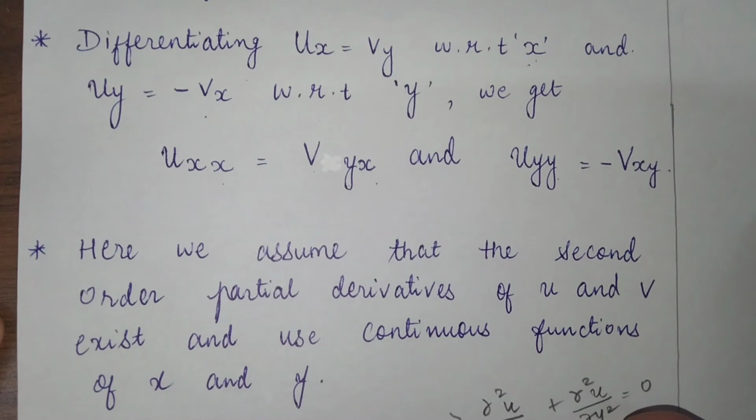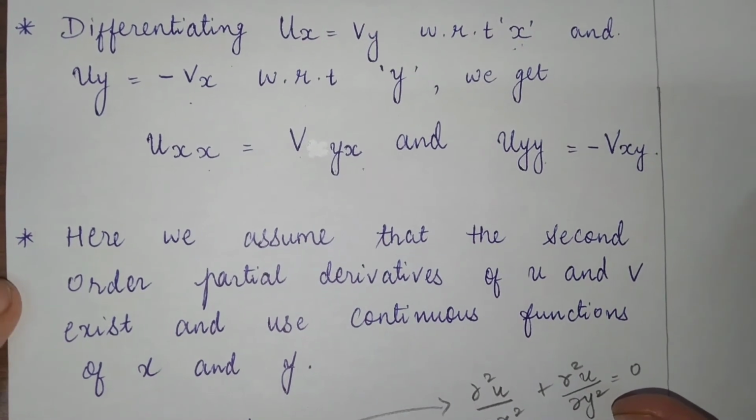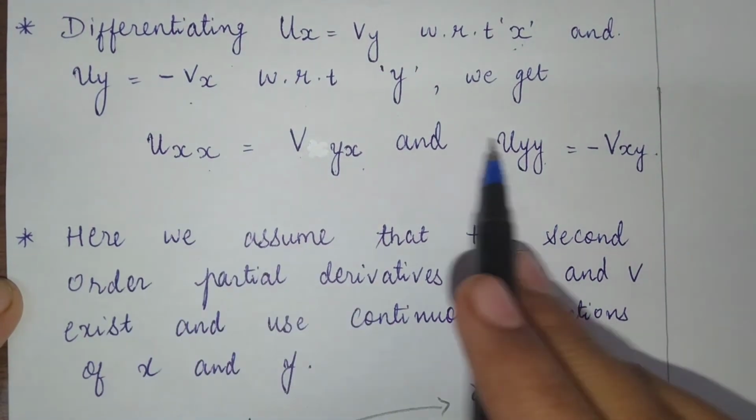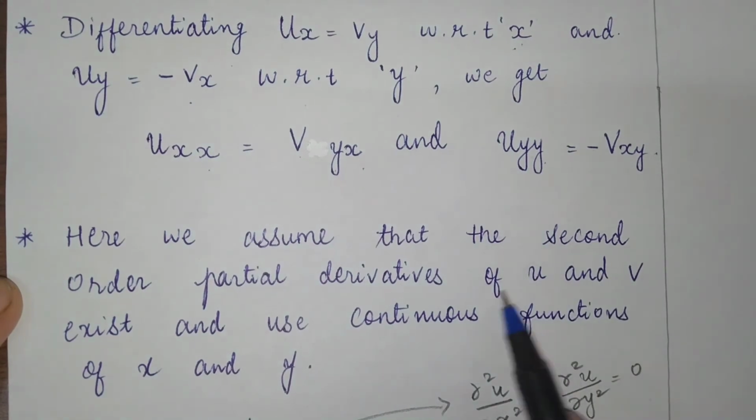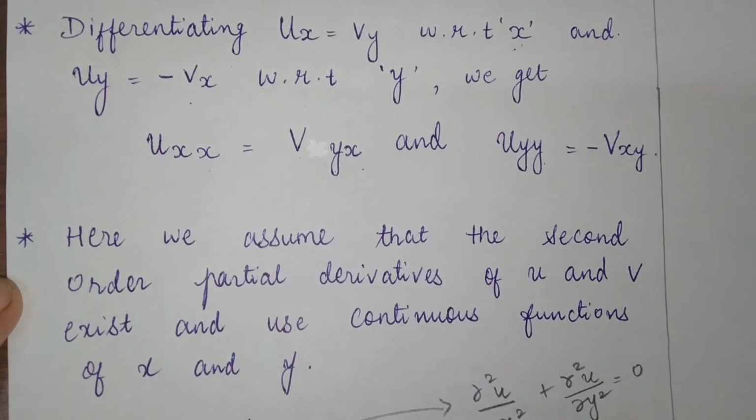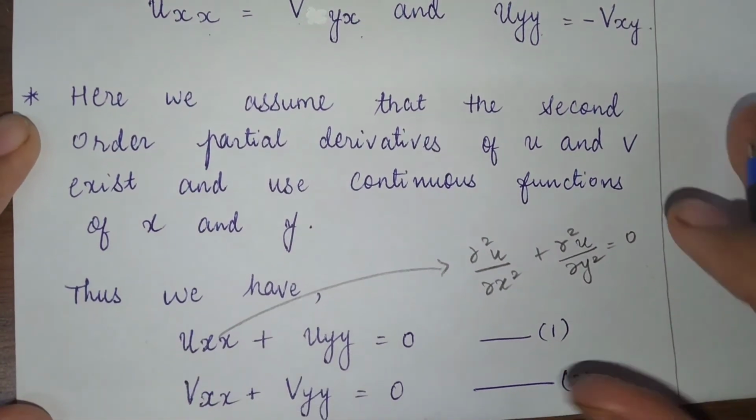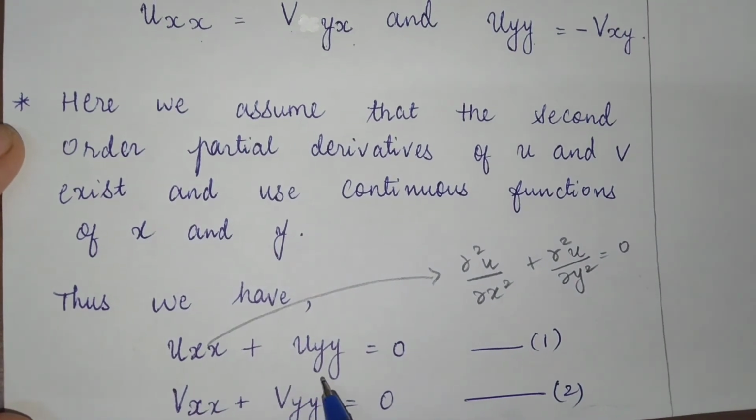Now here we assume that the second order partial derivatives of u and v exist. Thus we have uxx plus uyy equal to 0 and vxx plus vyy equal to 0.